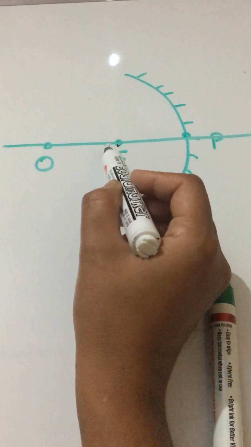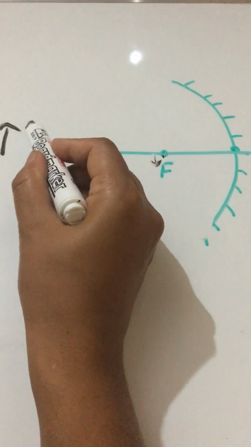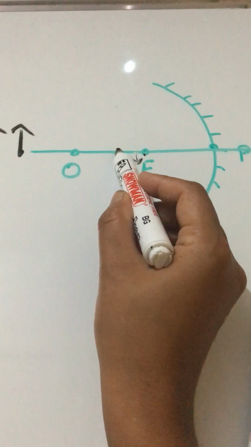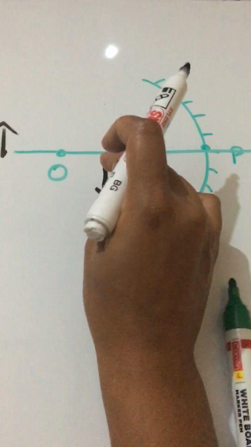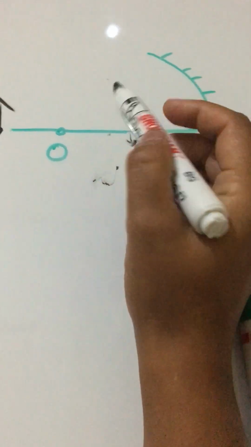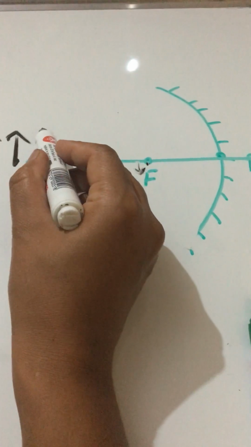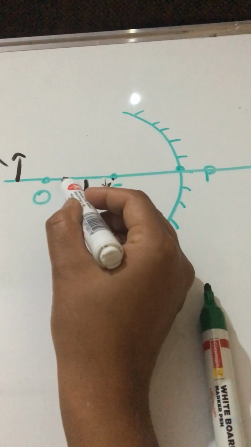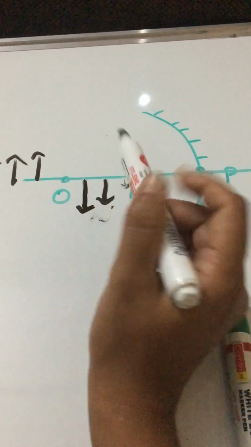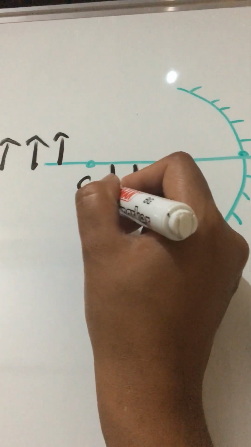Sorry, the size should be less than that of the object. As it comes nearer, the image should shift towards the center of curvature. I think the text has used the term C for that.